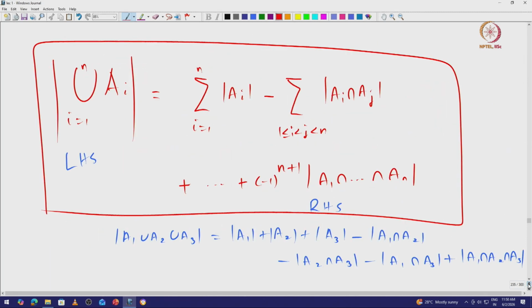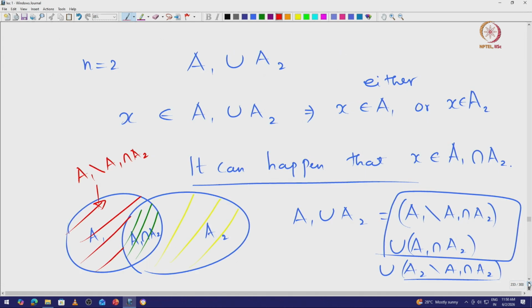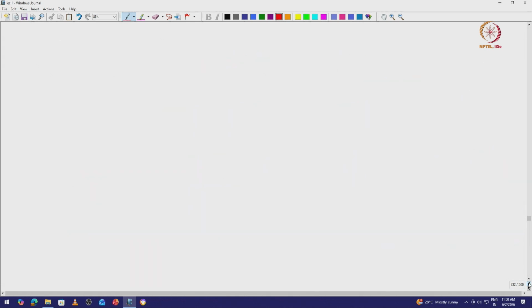So, this proves that the formula in this theorem is correct. We wanted to count the cardinality of the union of A_i, and this right hand side exactly counts the cardinality of the union. This proves the inclusion-exclusion principle, and like I said, one can also prove this using induction. This is not a very difficult thing to do.